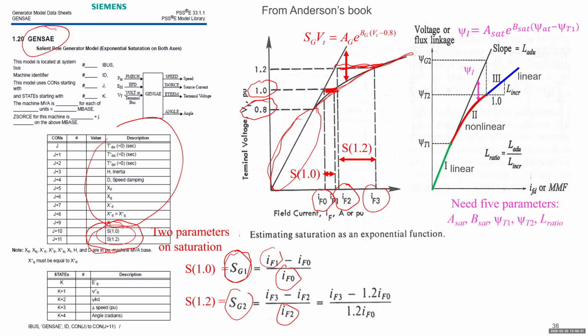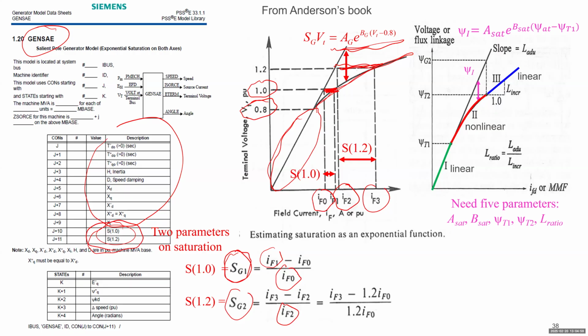All right, so then if we use an exponential function to model the gap, how the voltage deviates from a non-saturated terminal voltage, we can assume an exponential function. So this exponential function is already defined. There are two boundary points, one is 0.8, which is similar to psi t1 on the right figure, and 1.2 is similar to the boundary point of psi t2.